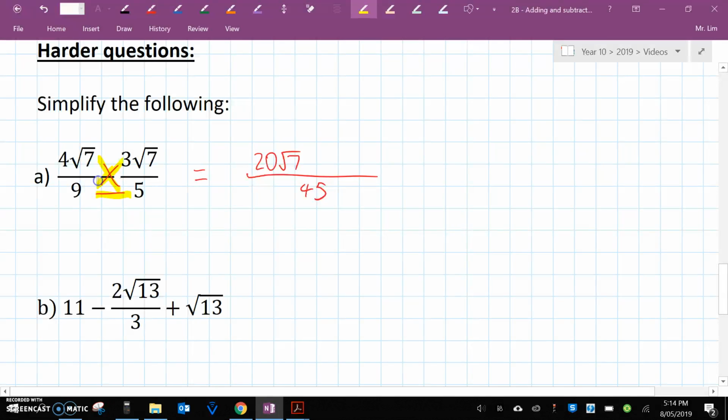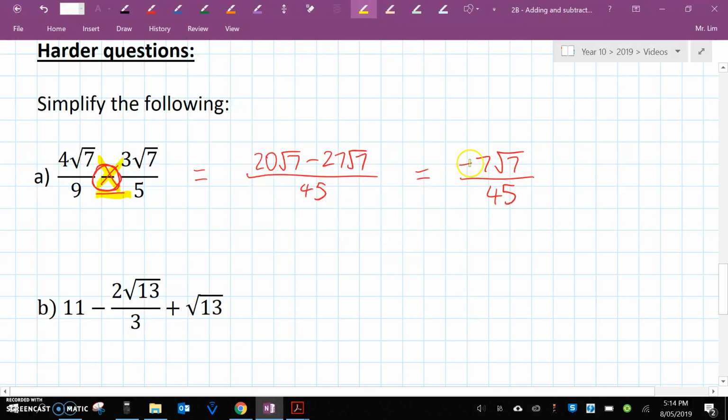Then cross multiply the other way: 9 times 3 root 7 is 27 root 7. And remember, this is a minus sign, so we need to put a minus sign. 20 root 7 minus 27 root 7 is minus 7 root 7 all over 45.